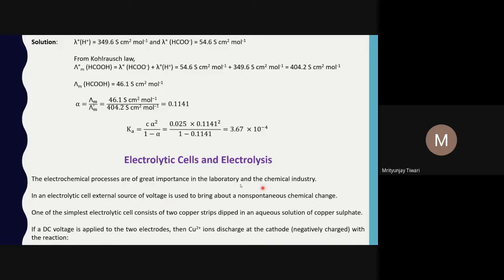One of the simplest electrolytic cells consists of two copper strips dipped in an aqueous solution of copper(II) sulfate, which is cupric sulfate. If a DC voltage is applied to the two electrodes, then Cu2+ ions discharge at the cathode, which is negatively charged.